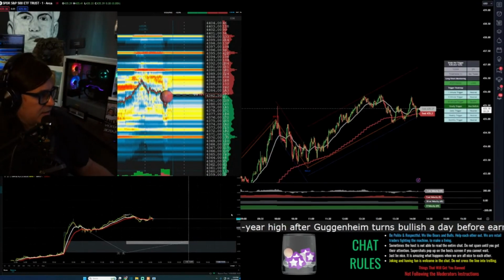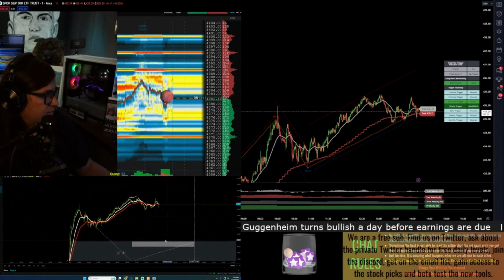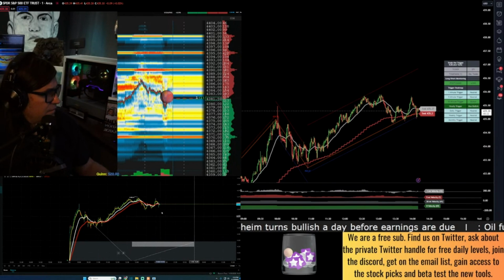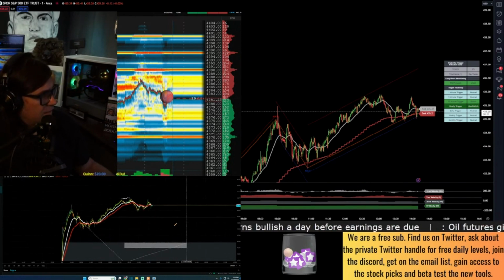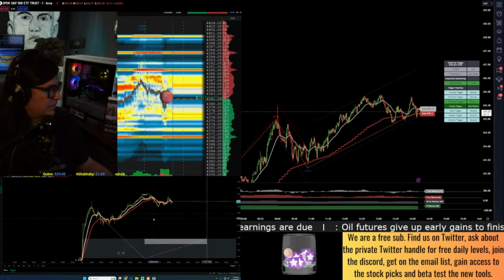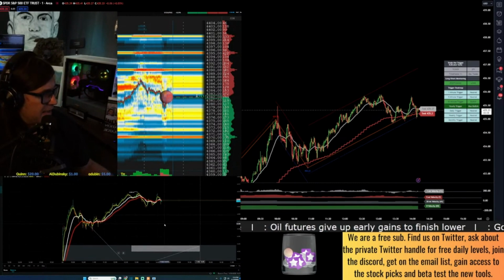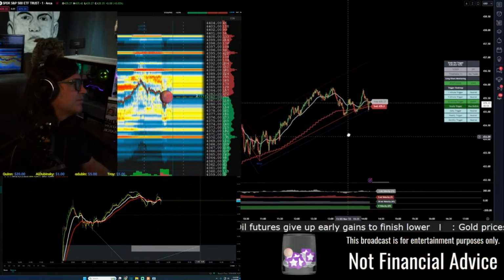I literally just need to stay parked right here. Just need to stay above this right here. All we need to do is stay above that right there. We're good to go. That's it. Should get a nice fat dip by Monday.